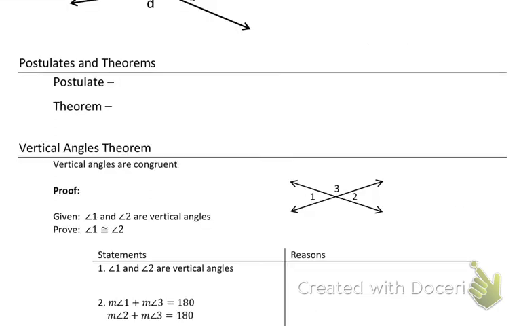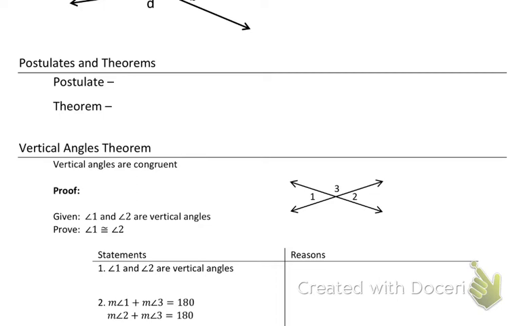All right. Let's talk about postulates and theorems right now, because I have thrown postulates at you. Postulates are basically things that I tell you that we just need to know are true. Remember those undefined terms that we needed as our building blocks? Our postulates are going to be kind of our building blocks.